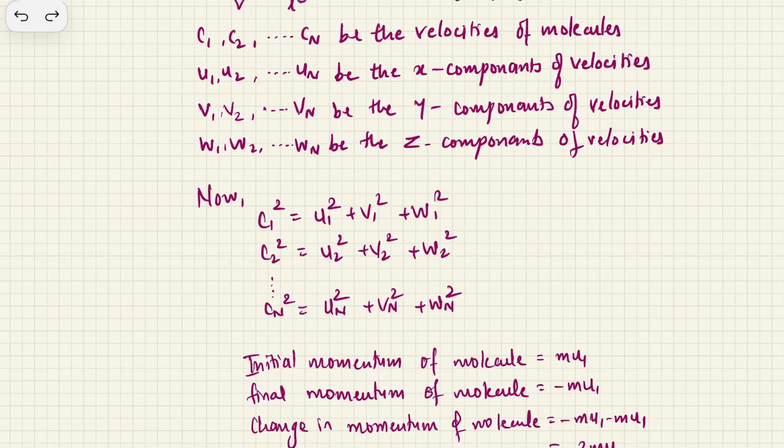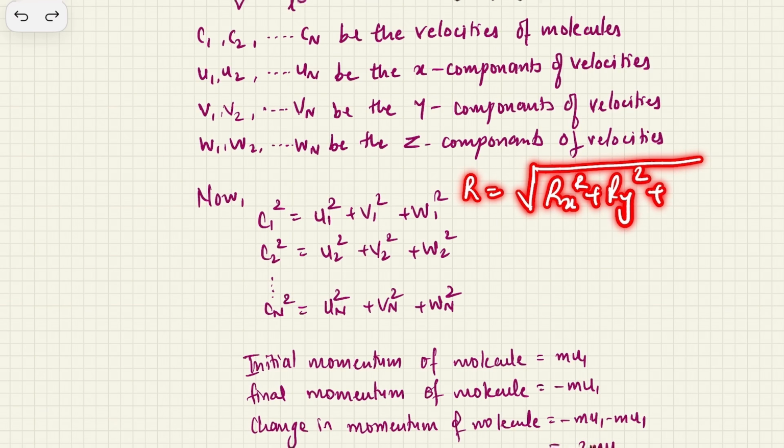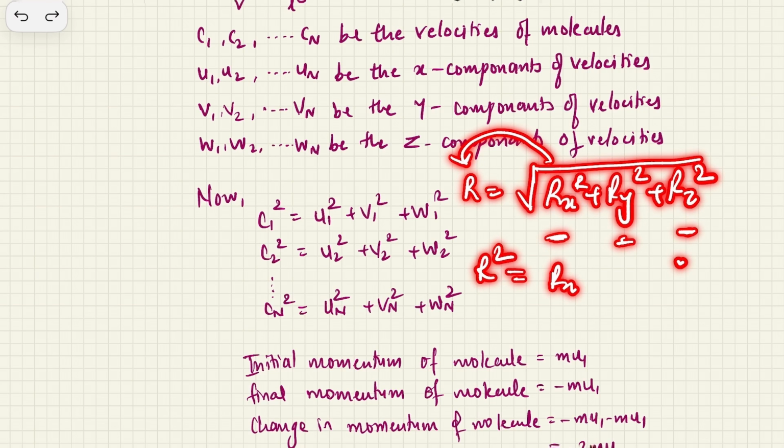If you have done vectors, you might understand that if I have a resultant vector r, and I want to find the magnitude of r, it is r equal to root of rx square plus ry square plus rz square. It's just the x component square, y component square, and z component square. If you take the root to the other side, this becomes r square equal to rx square plus ry square plus rz square.